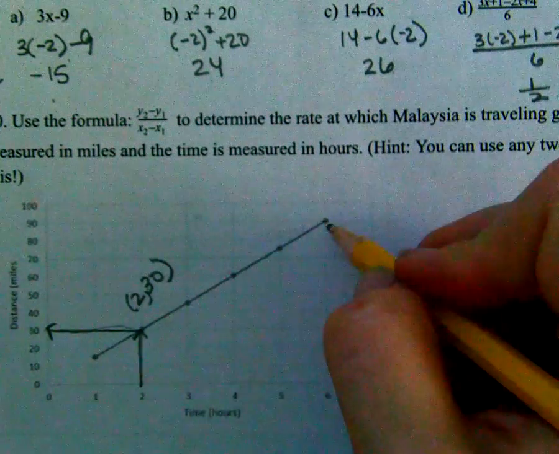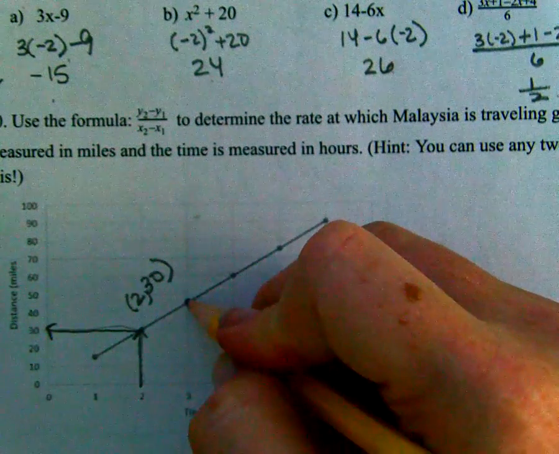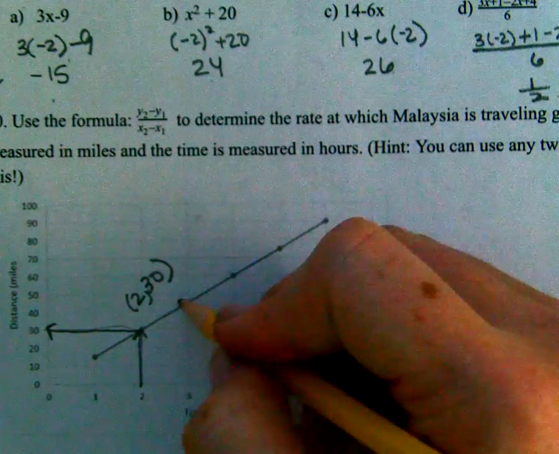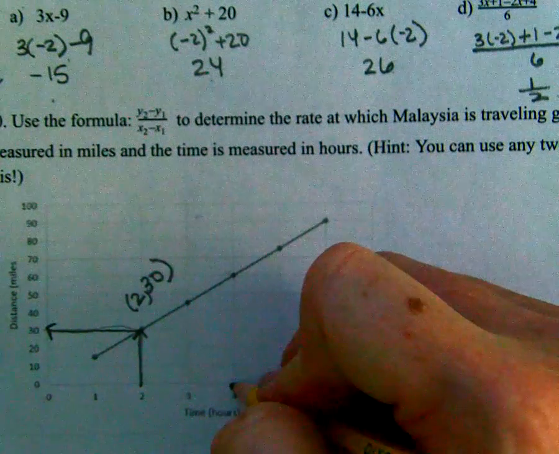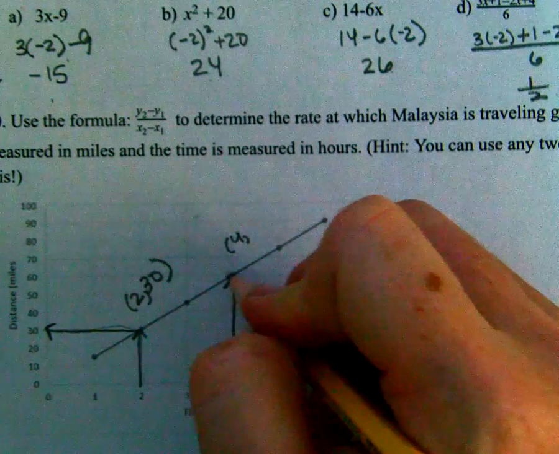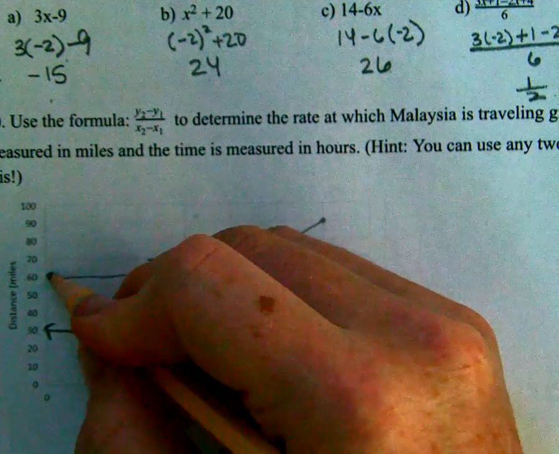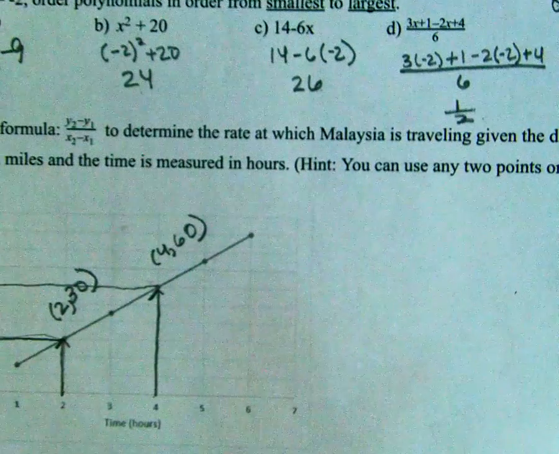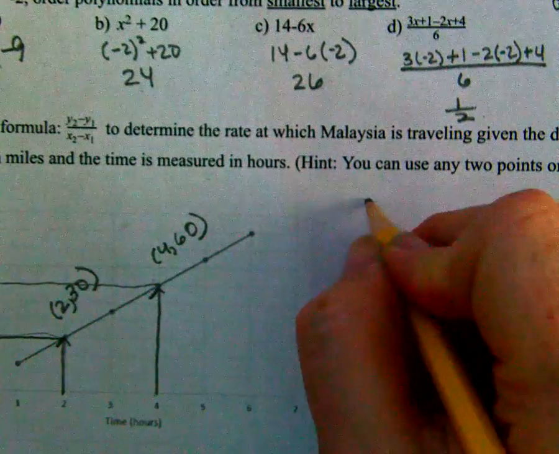And then I pick another point. I'm going to skip this one because it's halfway between 40 and 50. And I'm going to go to this point, which is at 4, 60. Okay, so those are the 2 points that I'm going to use for my slope formula.